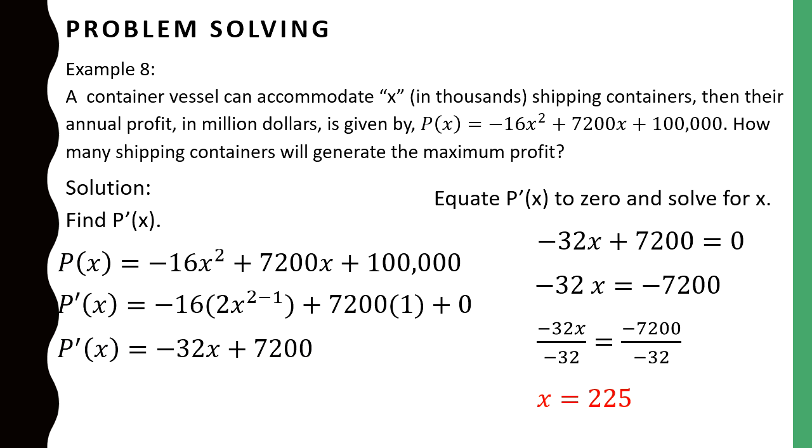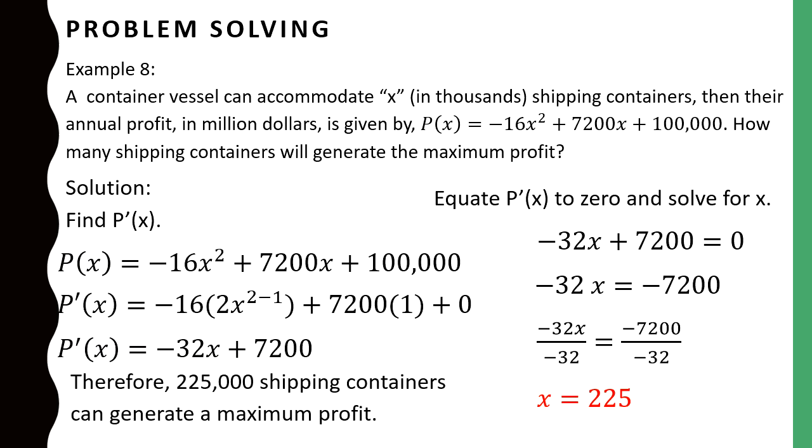Again, since x is measured in thousands, we say that there are 225,000 shipping containers, which can generate a maximum profit. Okay, again, to summarize, we get the derivative, then equate it to 0 and solve for x.